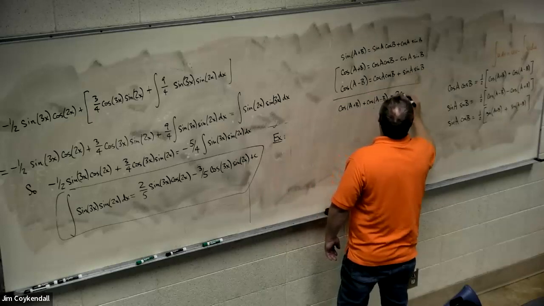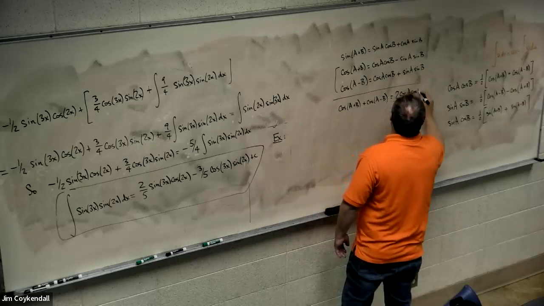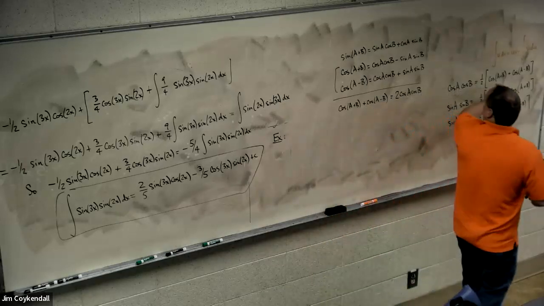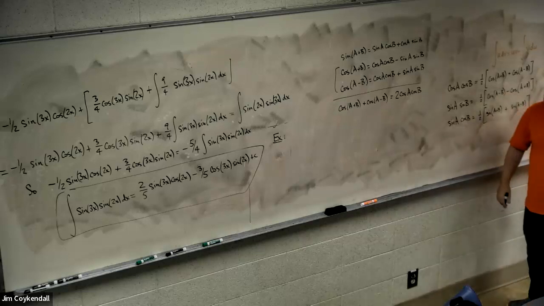And this is 2 cosine A cosine B. So you can divide out by 2, and you get this first identity that I gave you.